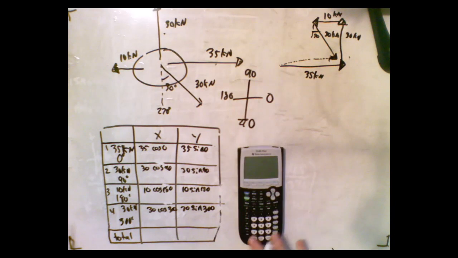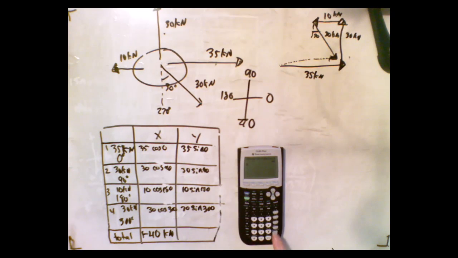So now we're ready to type those in. We'll add up all the x's, 35 cos 0, plus 30 cos 90, plus 10 cos 180, and 30 cos 300. I just add them all up in one. We get 40 kilonewtons positive.